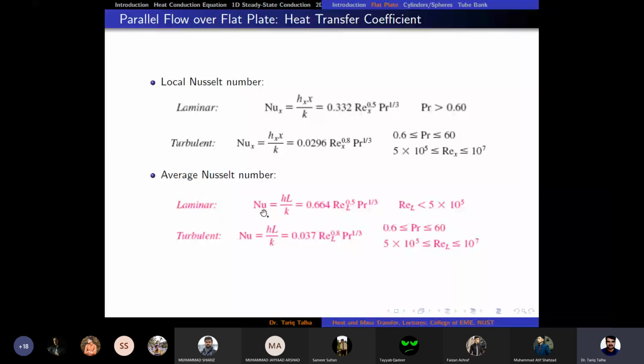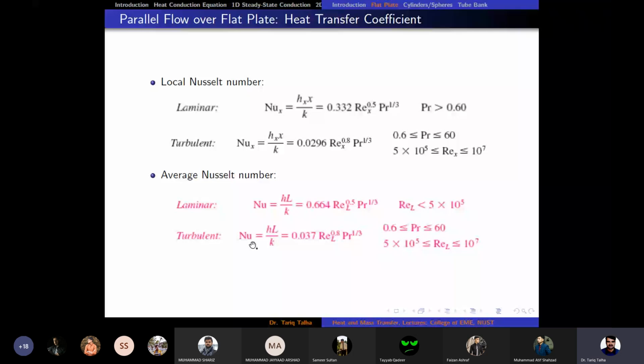Once we get the Nusselt number from these relations, we can calculate the h value by multiplying it with k and dividing it by L, capital L, because we want to calculate h, the convection coefficient, and we need to use it in Newton's law of cooling for determining heat transfer by convection.